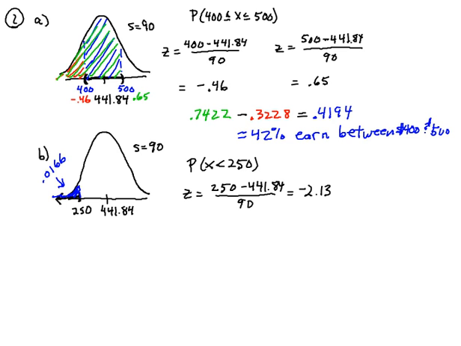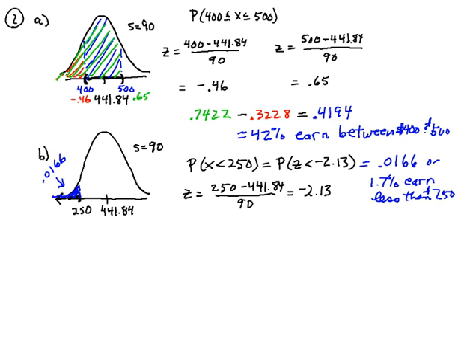So there is nothing to do other than go ahead and answer the question. The probability that X is less than 250 is the probability that Z is less than negative 2.13, which is 0.0166, or 1.7% earn less than $250.